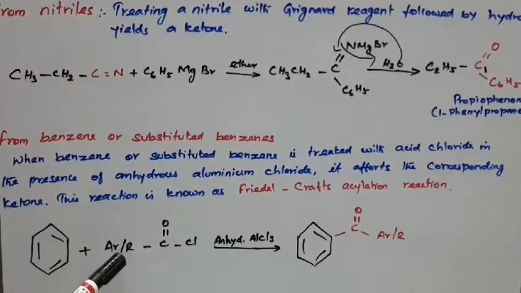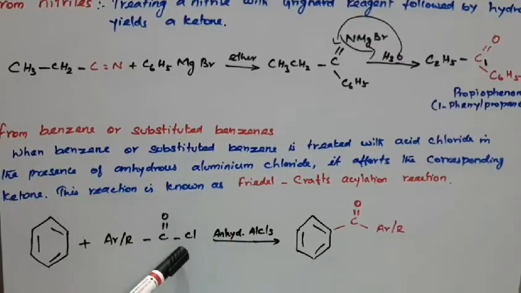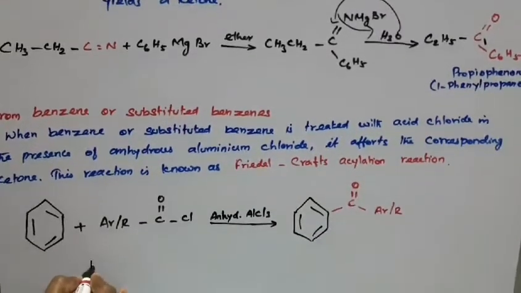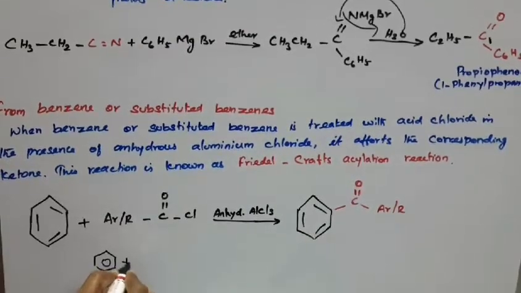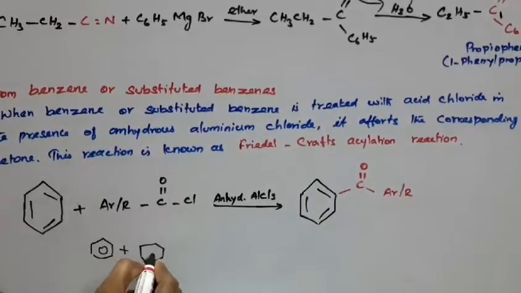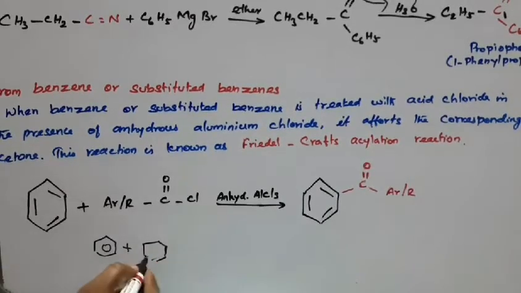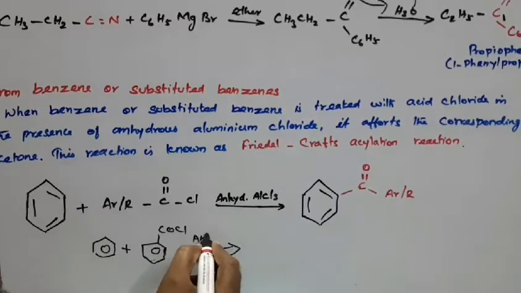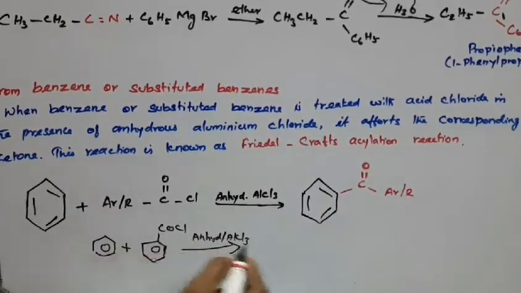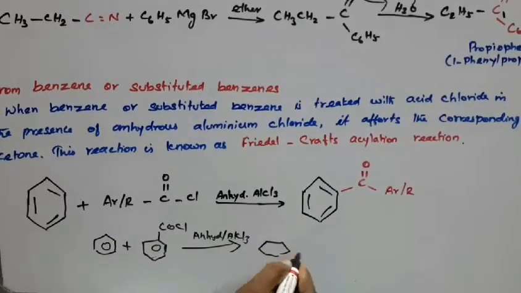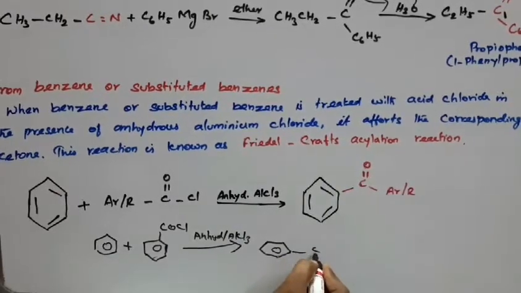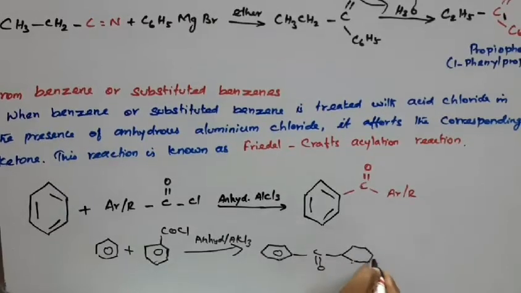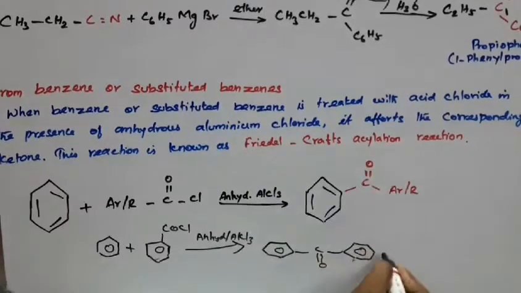Benzene reacts with an alkyl or aryl acid chloride in the presence of anhydrous AlCl3, aluminum chloride, to produce a ketone. Here benzene reacts with the acyl chloride in the presence of anhydrous AlCl3 to form the ketone, C double bond O, plus HCl.